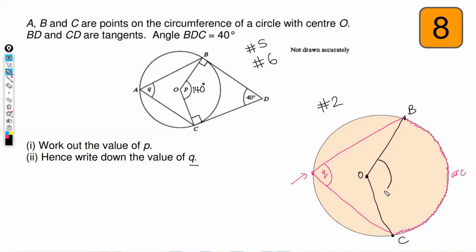Remember, we just found here to be what? 140 degrees. Here's an eye, here's an eye. Both of them looking in the same direction. The one at the center is twice as large as the one at the circumference. So that means Q is 70 degrees. Divide this by 2.